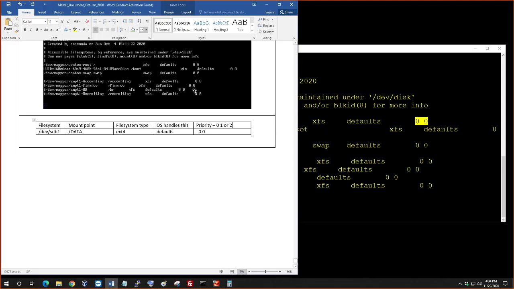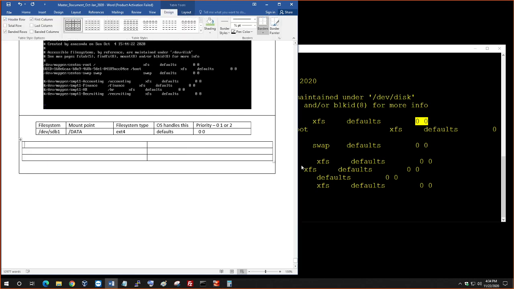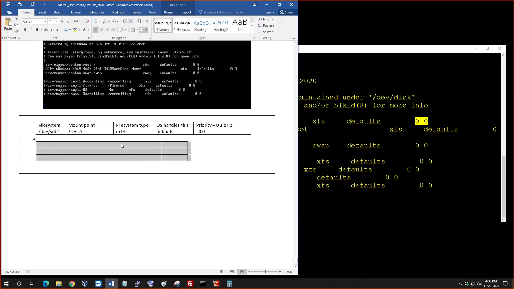So what it means is, 0 is don't check at all. 0, 1, 2. 0 is skip checking, skip fsck. fsck stands for file system check.